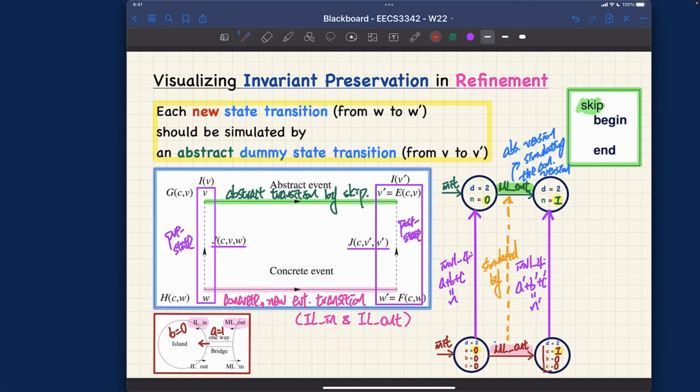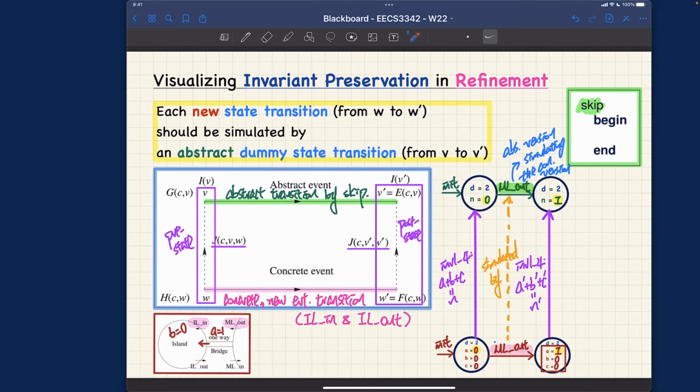After the initial ML out, only A was incremented from 0 to 1, and B and C are 0 and 0, right? That's exactly what's happening. But now we're going to have one more transition for that particular car. That's the only car that is going to enter the island. Before the entrance, the island is simply empty without any car.